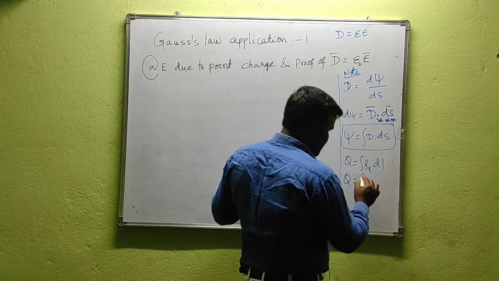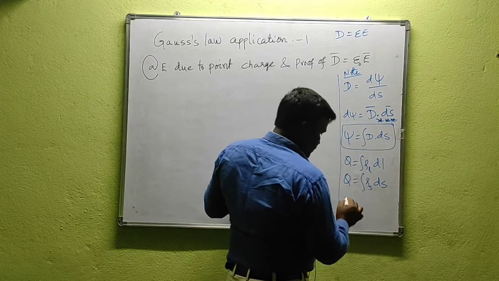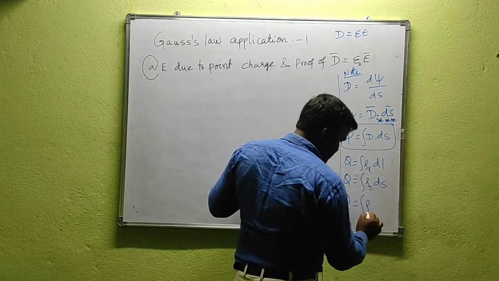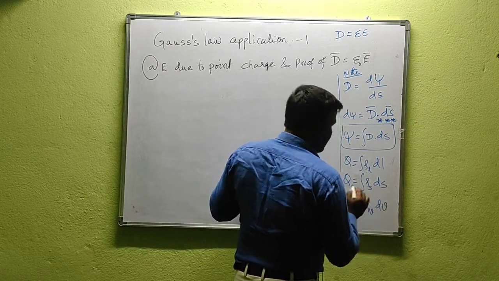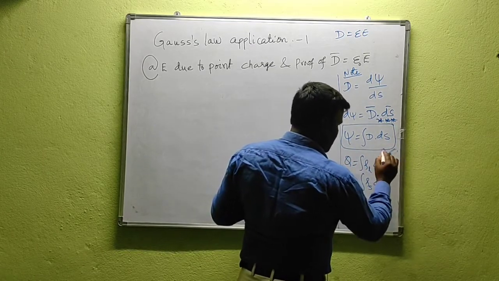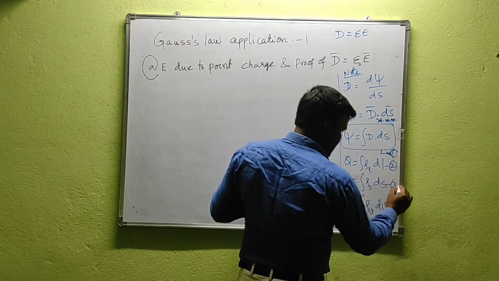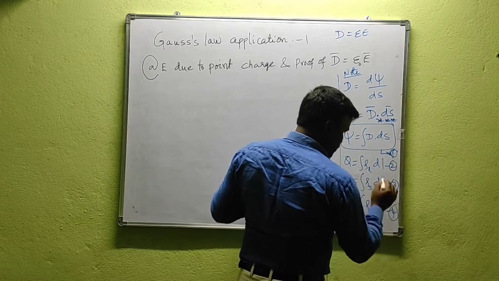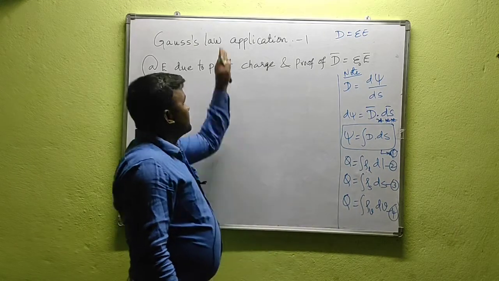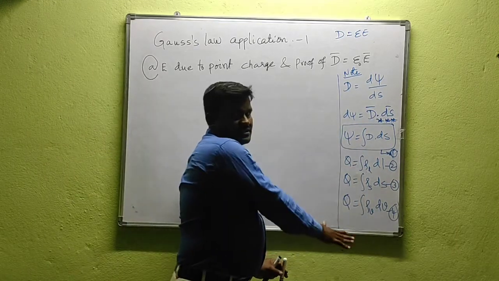For surface charge, Q equal to integral rho S dS. For volume charge, Q equal to integral rho V dV. Please remember these equations, 1, 2, 3 and 4. To apply Gauss law, we require the knowledge of these equations.